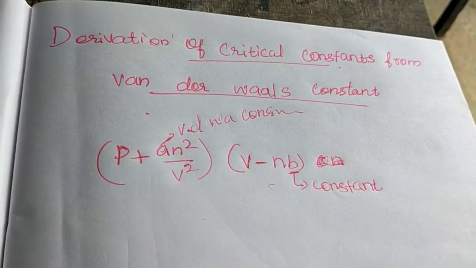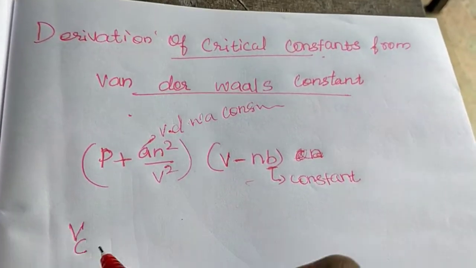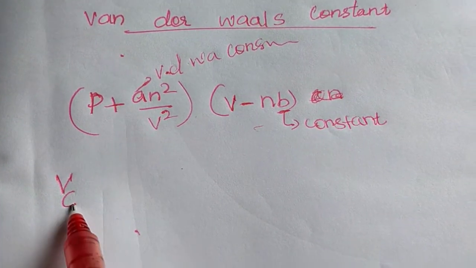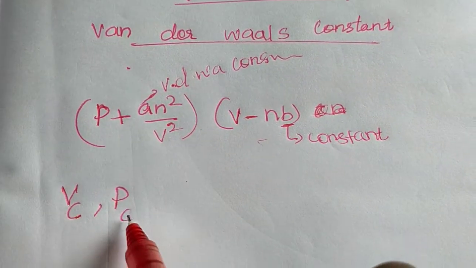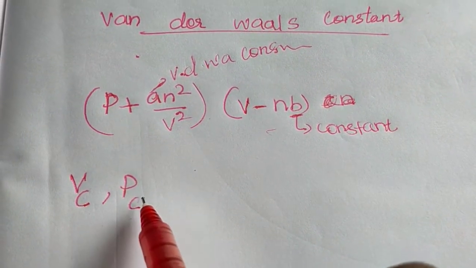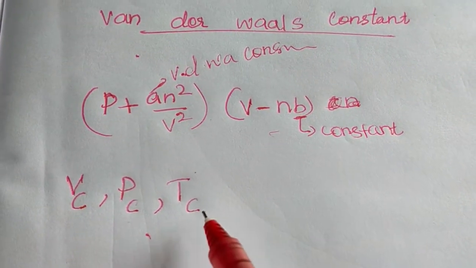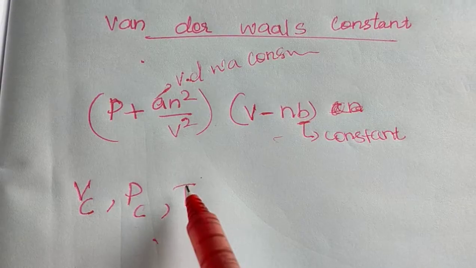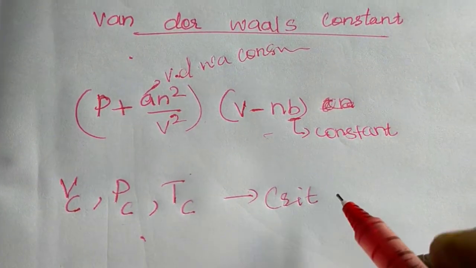What are the critical constants we have? Vc, that means critical volume. Then Pc, the critical pressure. And Tc, the critical temperature. So these are the critical constants.